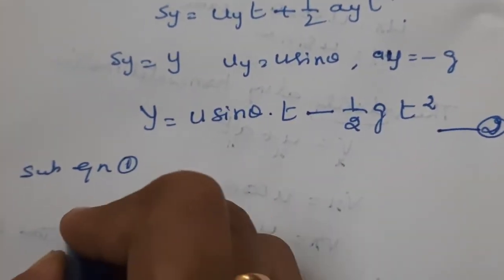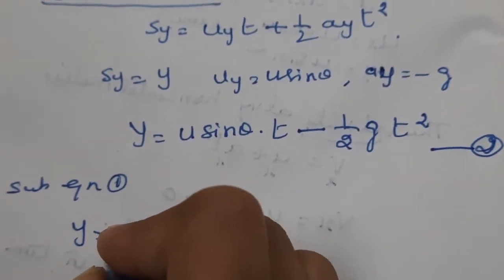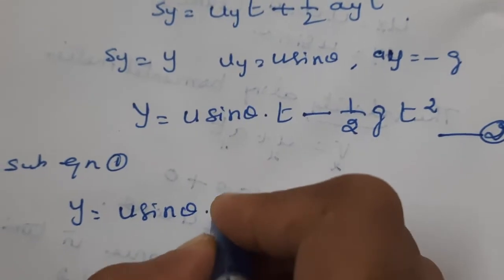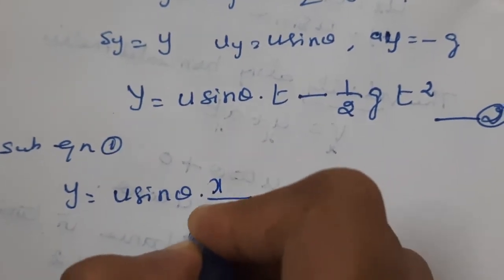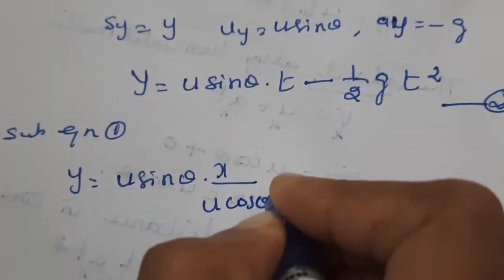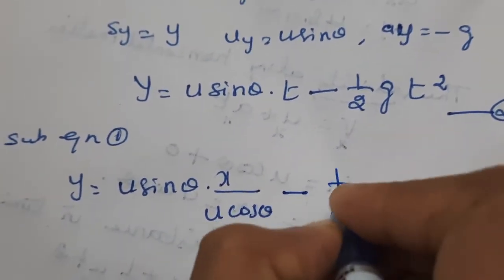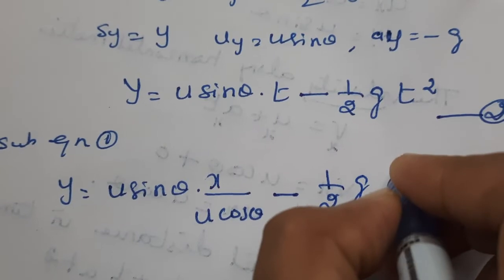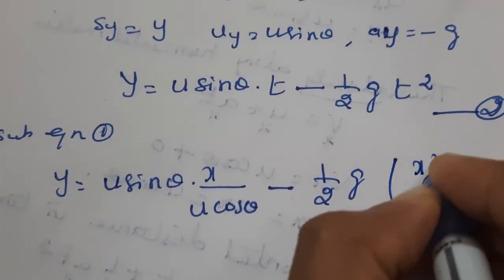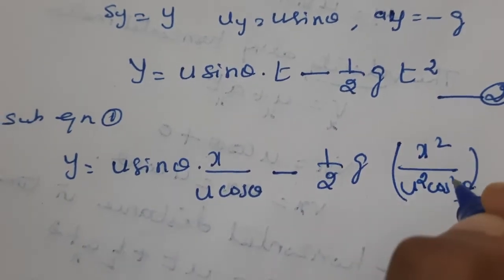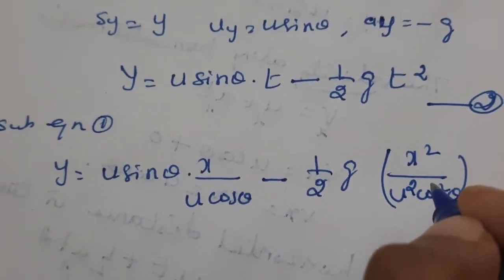So how can we write? y equal to u sin theta into t, where t equal to x by u cos theta, minus half g t square. t square is x square by u square cos square theta.